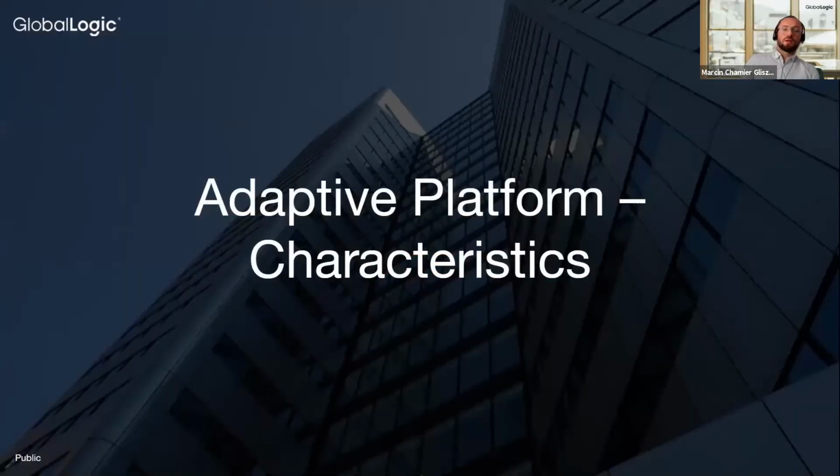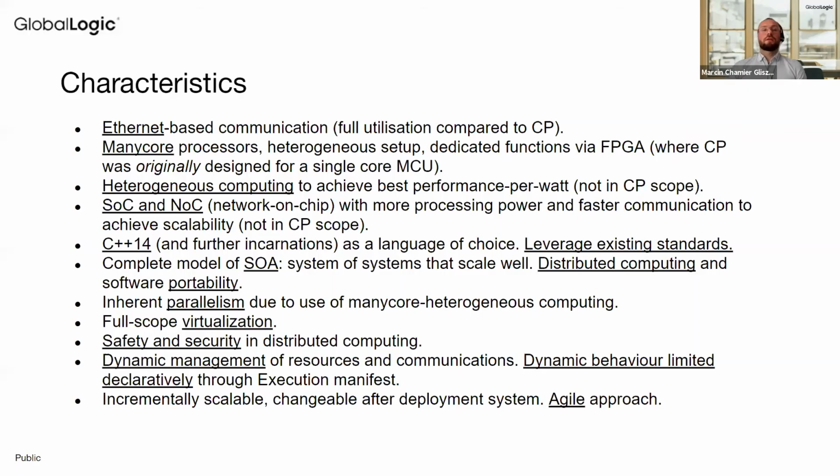So let's look a bit closer at the adaptive platform. Here are the basic characteristics of the adaptive platform. Most important is that it's Ethernet-based communication. We'll have a switch inside our car for communication between ECUs and applications, mainly in ECUs.